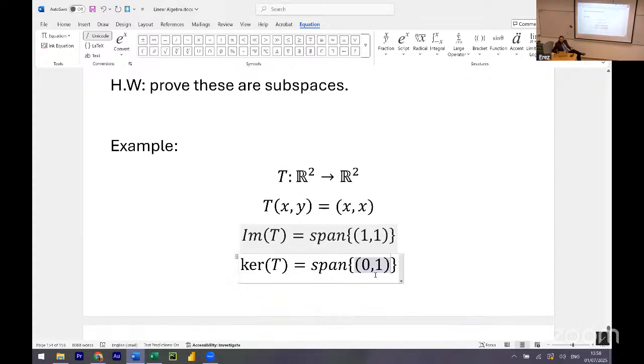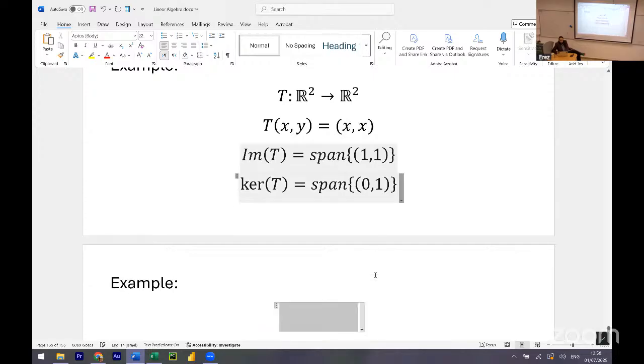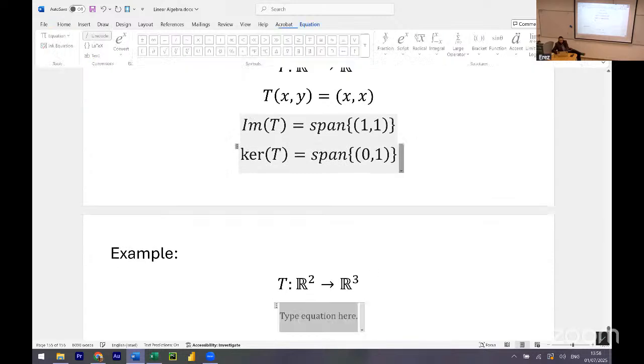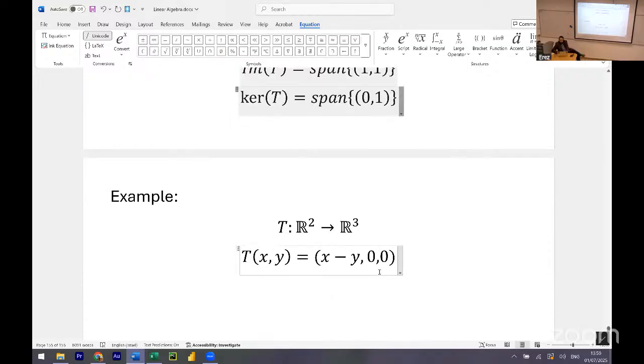Okay. Let's do another easy example, but not of an operator, but of a function between two different vector spaces. So T of (x,y) would be (x minus y, 0, 0). First of all, what would be the image of this function?